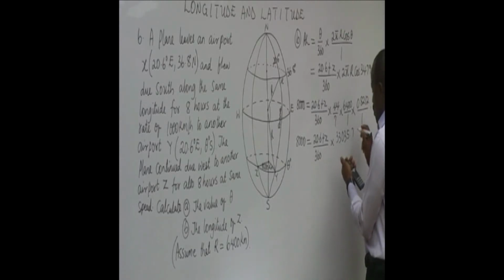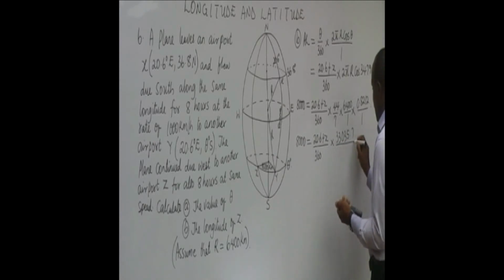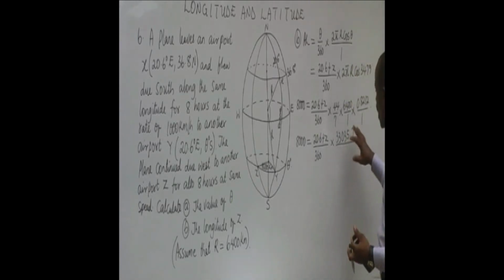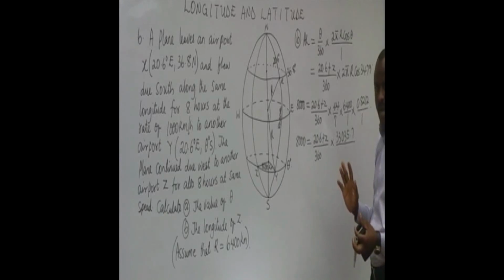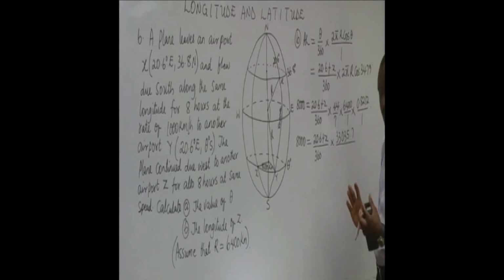Although it is not very advisable to begin to round up figures when you have not gotten to the last answer, because of our space and time, we can do that. There is going to be a little bit of difference in the final answer, but the difference will not be much. Okay, now all over 1.